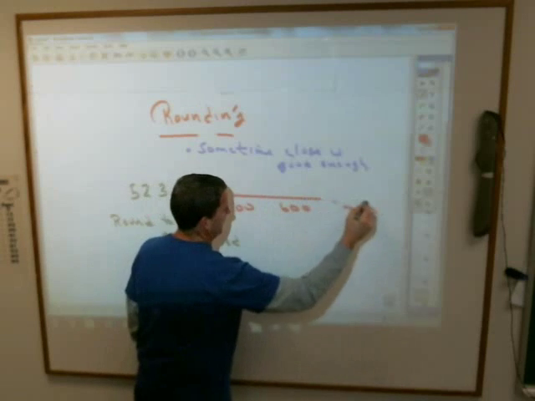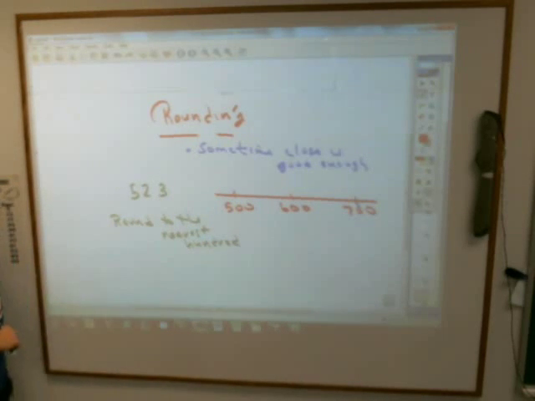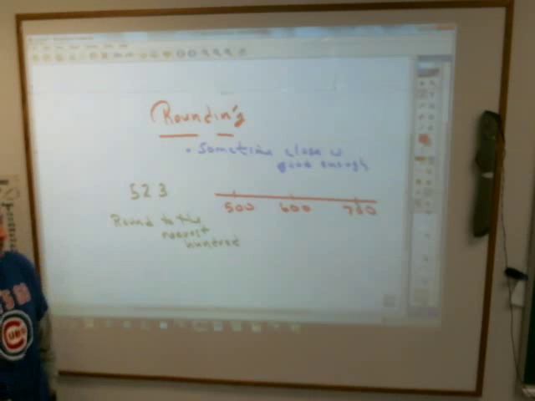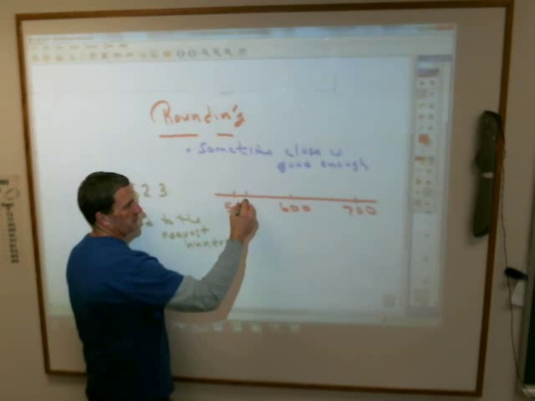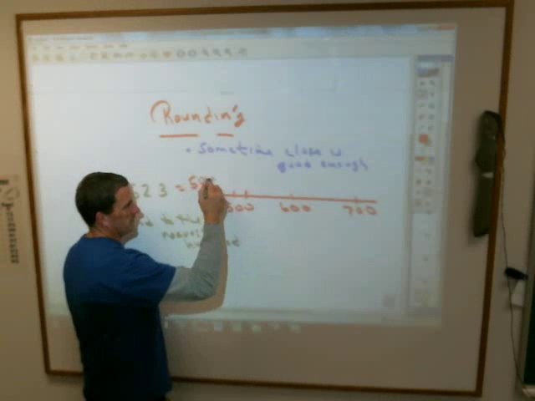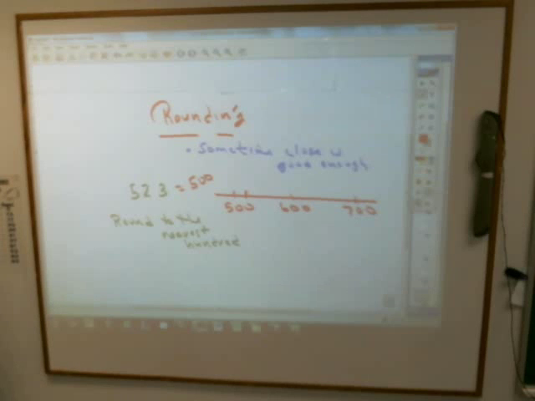If you have a number line, which 100 is 523 closer to if you're going to put a dot on that line, Matthew? 500. Yeah, 523 would come somewhere right about here, much closer to 500 than it is 600. What's a good way to know when you're rounding to the nearest 100?